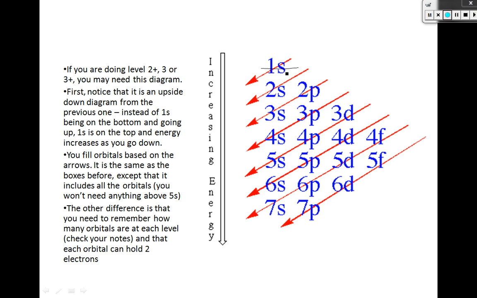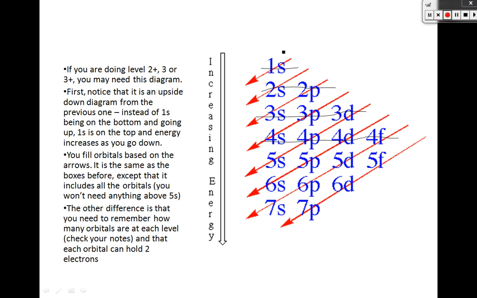There's the 1s, and then here's 2s and 2p, and then 3s, 3p, 3d, 4s, 4p, 4d, 4f. So the actual energy levels are written horizontally. But then, if you put in diagonal arrows, these arrows show you the order in which you fill orbitals.